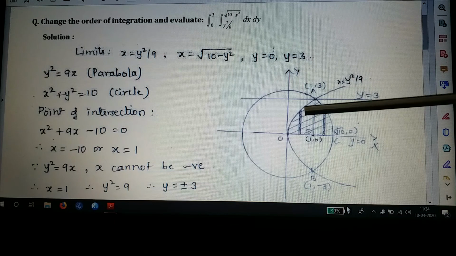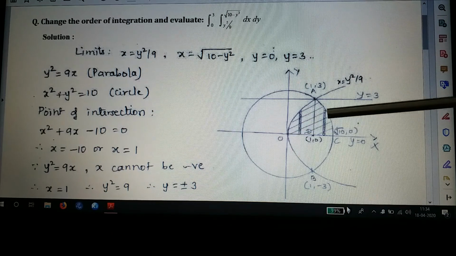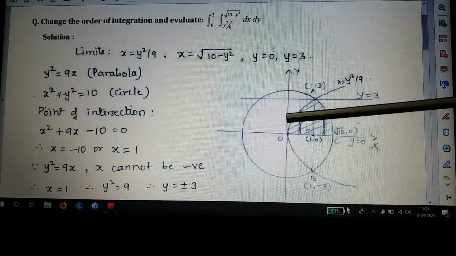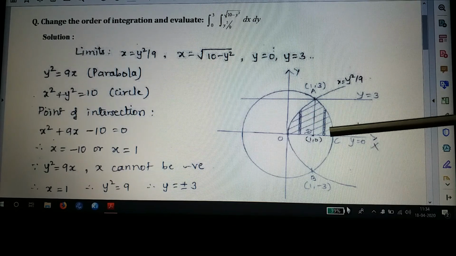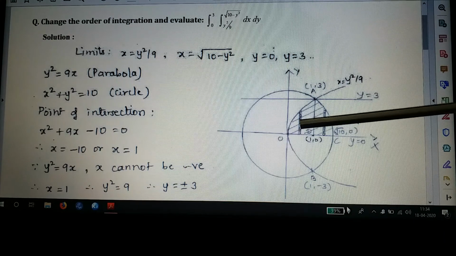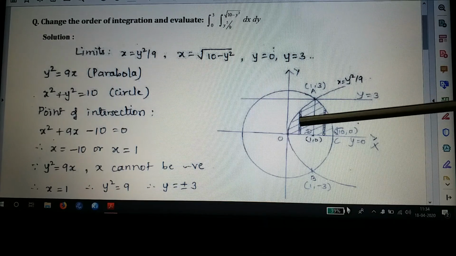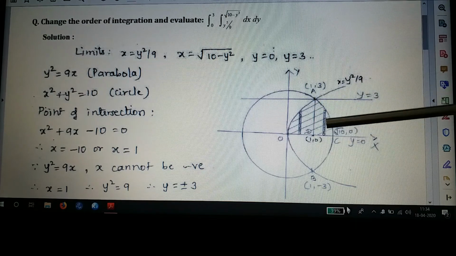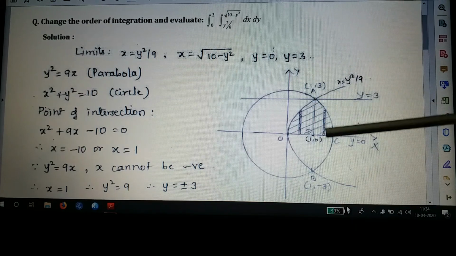Okay, but our next step is to move the strip parallel to itself in the whole region to find the value of x. So we start moving our strip and we understand that once the strip crosses this line AD, now the strip will be in this region.